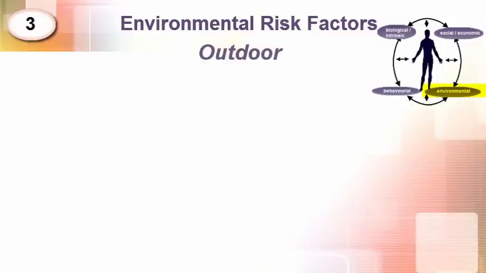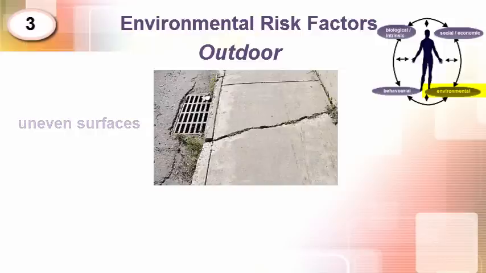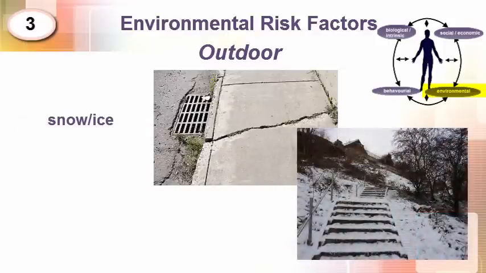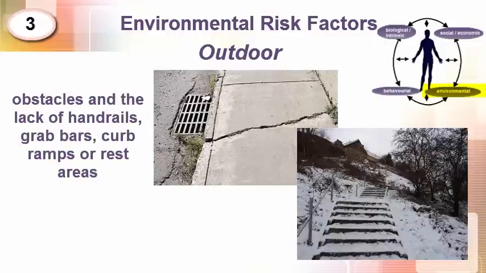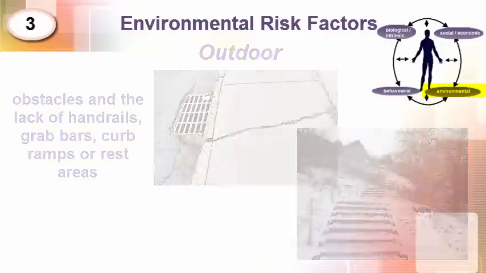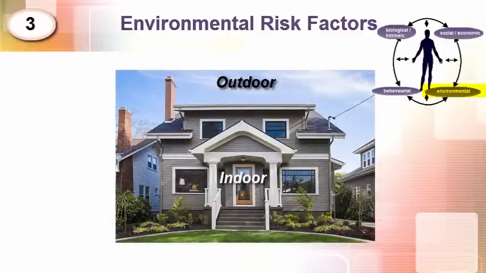Outdoor hazards include uneven surfaces, snow or ice, raised door sills, unsafe stairs, poor lighting, slippery surfaces, obstacles and the lack of handrails, grab bars, curb ramps, or rest areas. An older adult may have to deal with numerous factors in their environment that can increase their risk for having a fall. These challenges can be present on a daily basis as an individual goes through their daily activities.